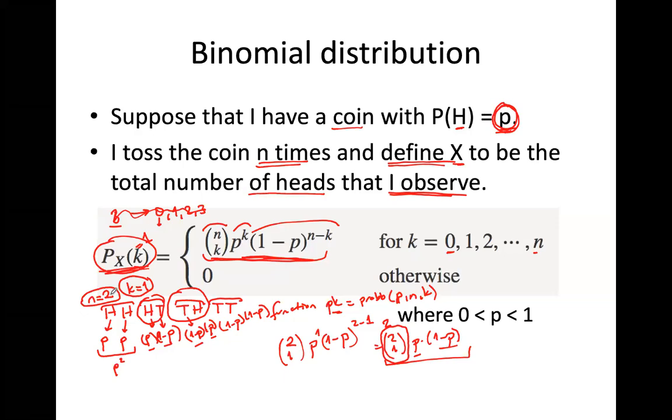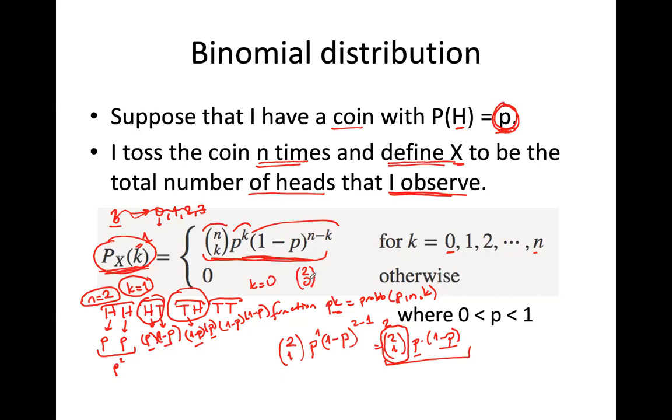So how about obtaining no heads? Are you with me, everyone? Are you following? Yes, hocam. What is the probability of obtaining no heads when I flip a coin twice? 1 minus P square, hocam. So I'm going to write 2, 0. Combination of 2 and 0.